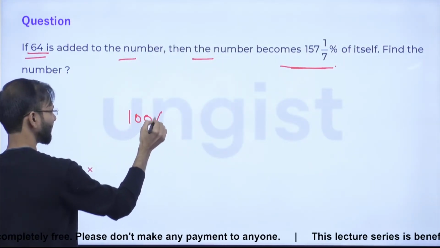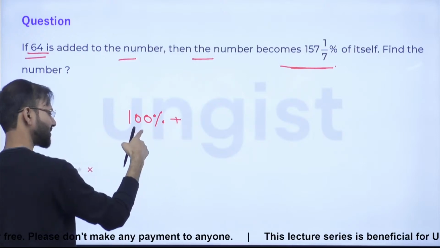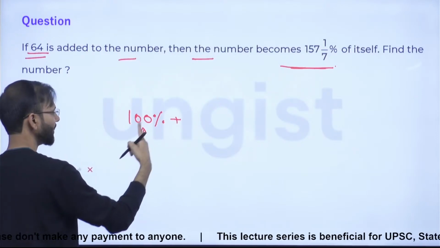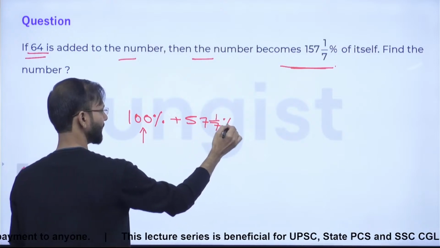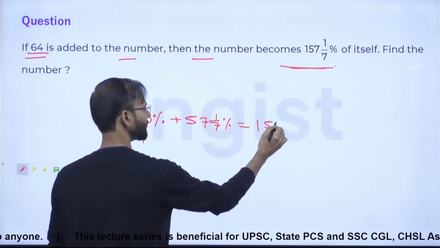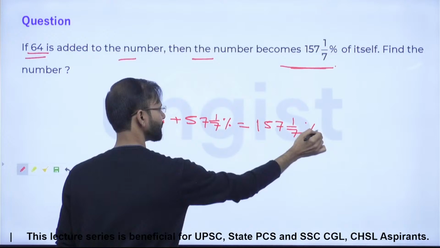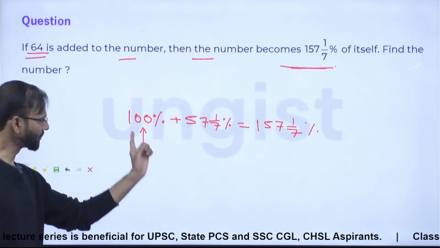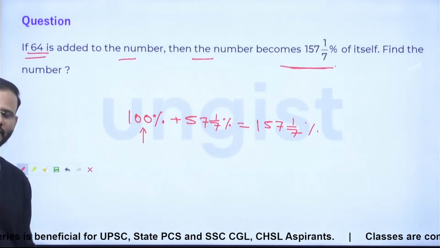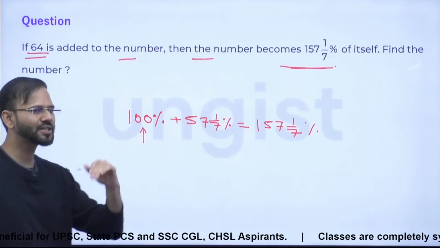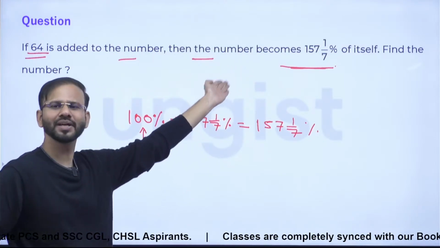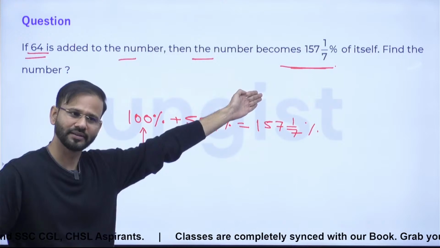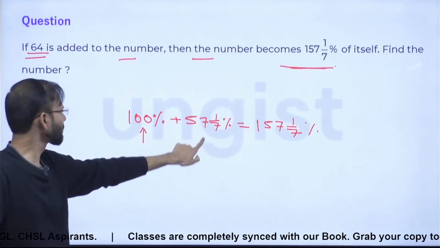If something is added to the original number, then number becomes 157 1 by 7% of itself. Guys, are you getting this equation or not? आप मुझे बताइए किसी नंबर में कितना परसेंट ऐड करें कि वो इतना बन जाए. तो ऑब्वियसली 100 से जितना एक्स्ट्रा उतना ऐड किया गया है, राइट? सो दिस इज दिस मच मोर देन 100 एक्चुअली.